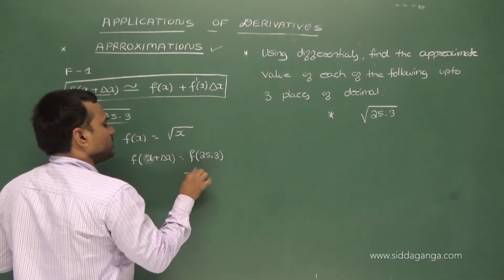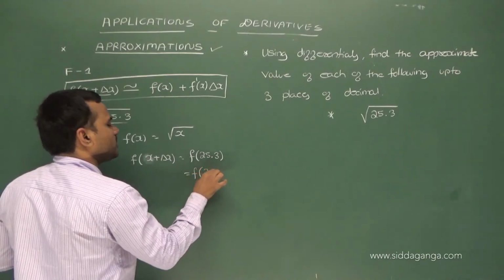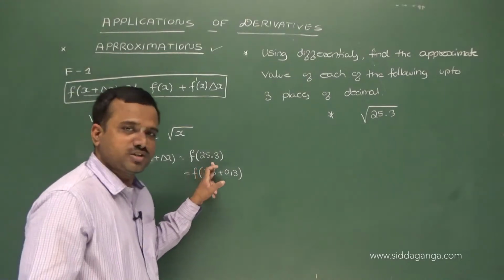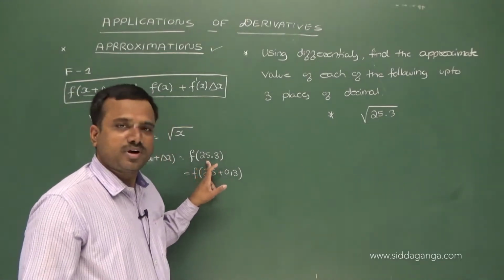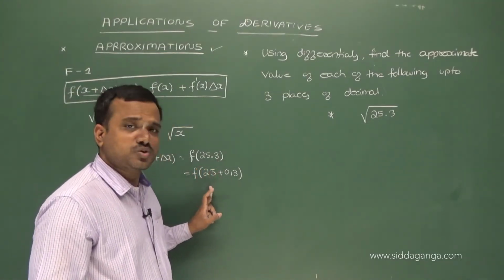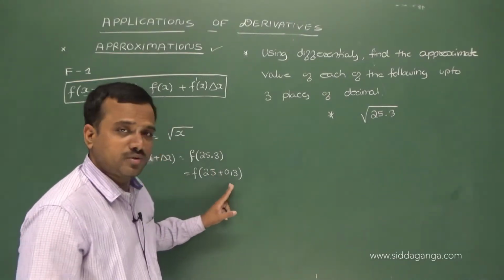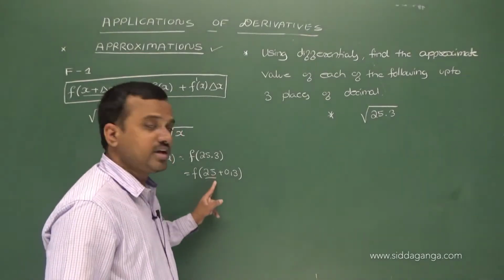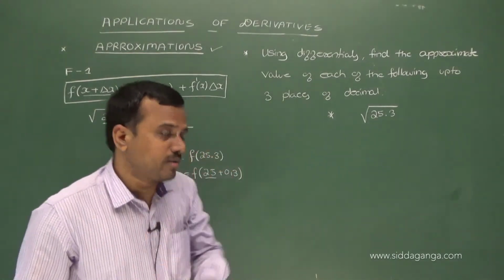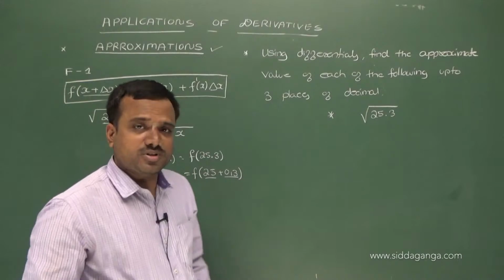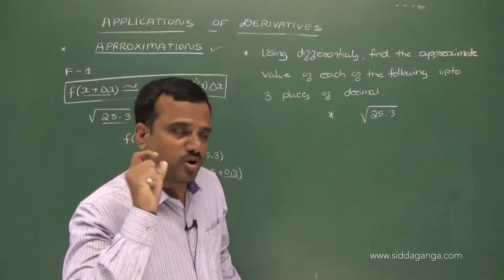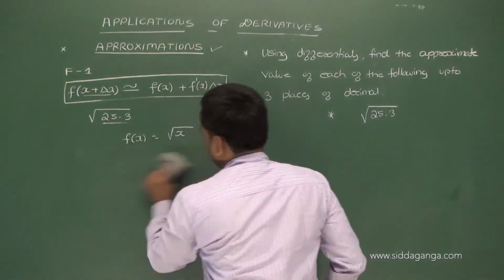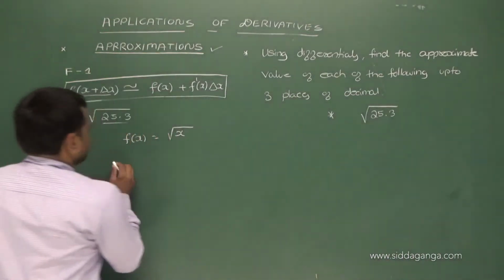That I can split into f of 25 plus 0.3. Once again I explain, we split this number 25.3 into sum or difference of two terms. The first number indicates perfect square number and the second number was very negligibly small value. Okay na? Okay, so next line.